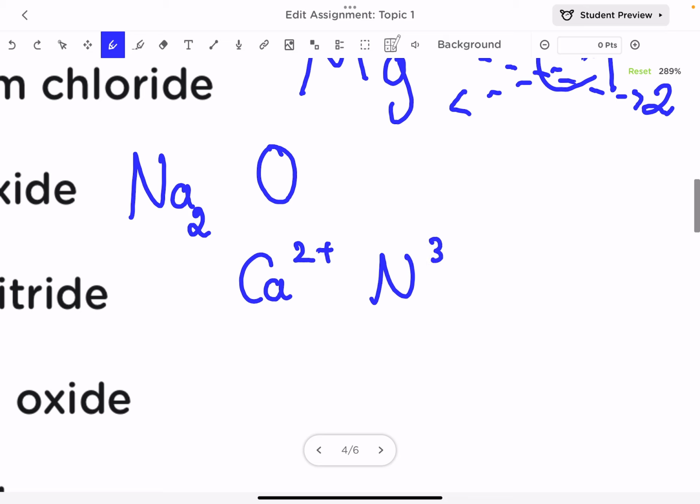The number that you have, you take it and you write it as a subscript to the opposite element, and then you erase it along with the charge. Again, the number that I see here, I'm going to write it next to the N, and then I will erase the 2 and the plus. So the formula is Ca3N2.